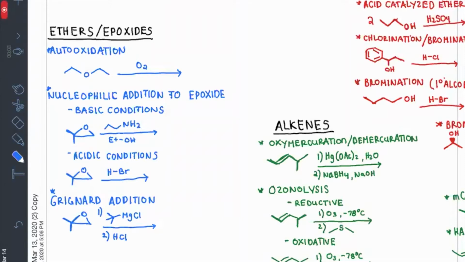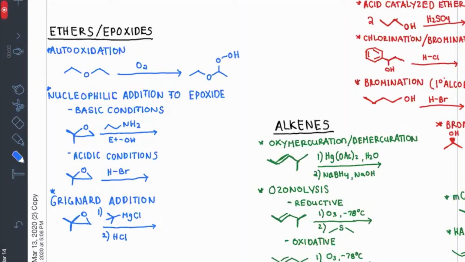So the first category I wanted to go over is ethers. The first reaction that ethers can undergo is autooxidation. This is due to oxygen in the atmosphere, and it can be done on any type of ether.